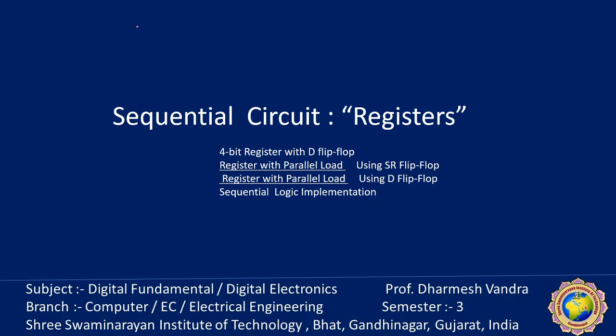When we talk about the MSI circuits used in a digital computer, there are mainly three categories: one is the register, second is the counter, and the third one is the memory unit. These are the three main MSI sequential circuits. Today we will discuss the register.